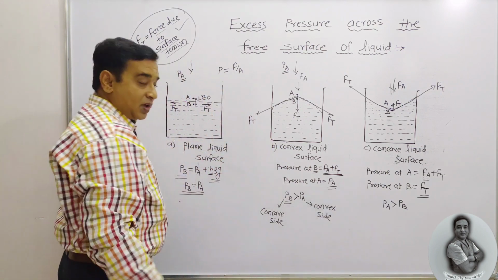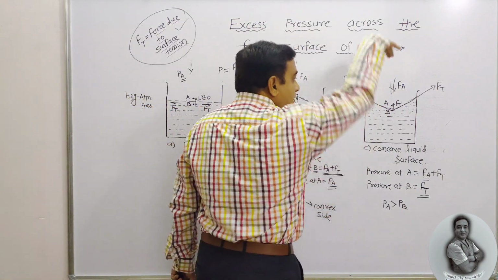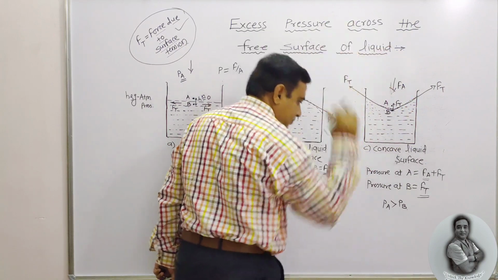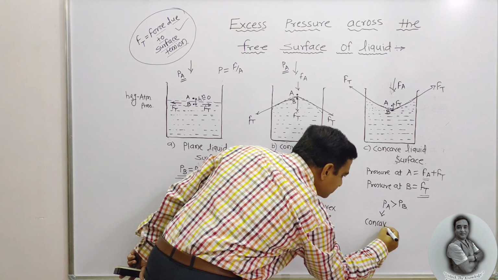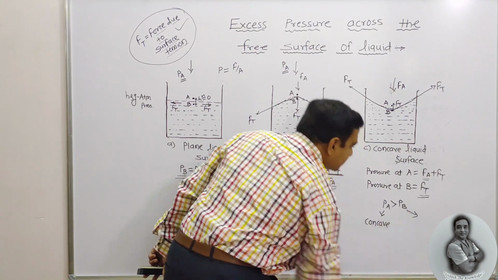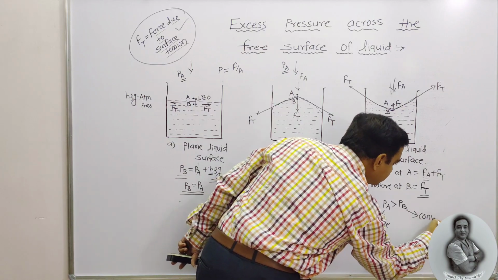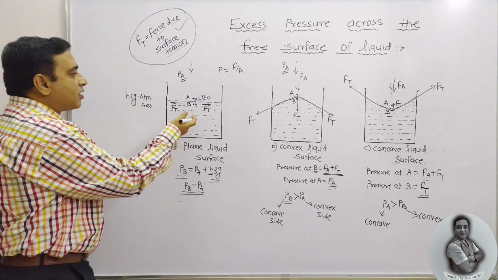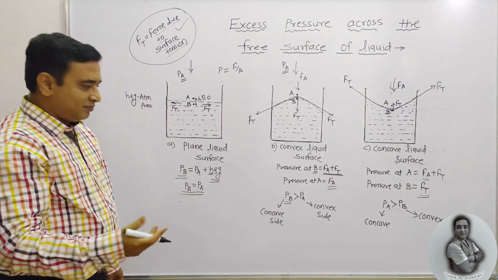From the upside, this is concave. And what about this? From the lower side it is convex. What about this? Neither concave nor convex, only plane. That's why the pressure is equal.